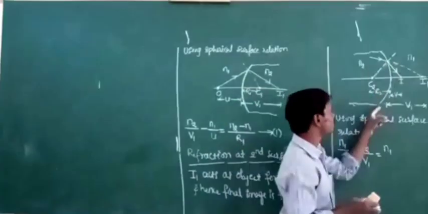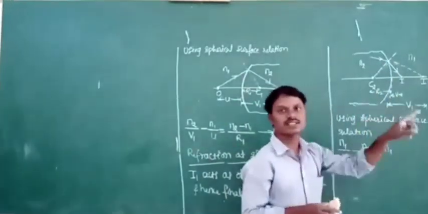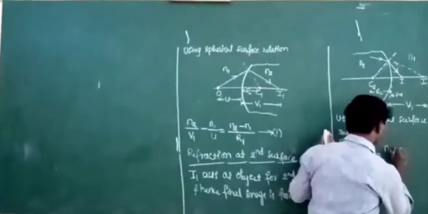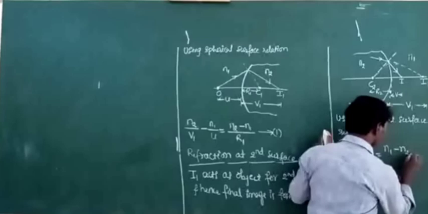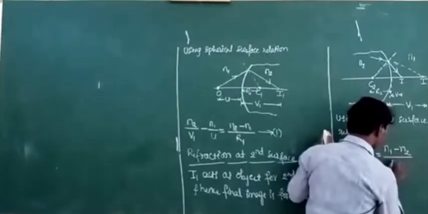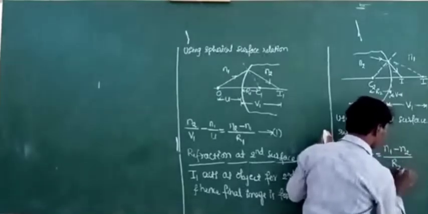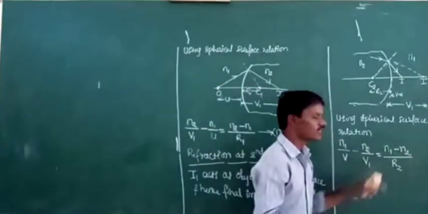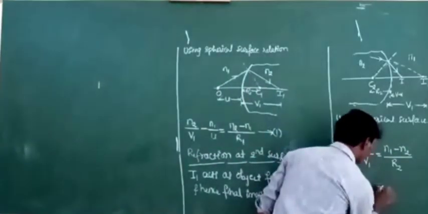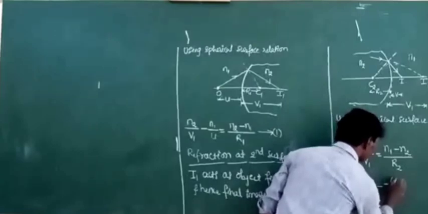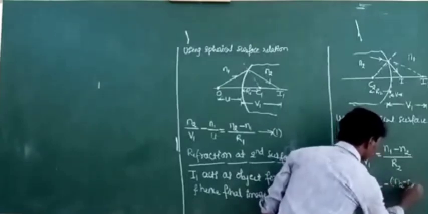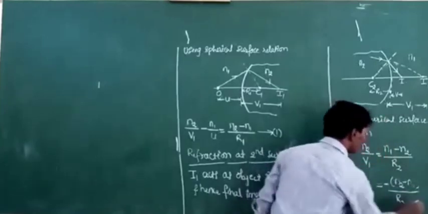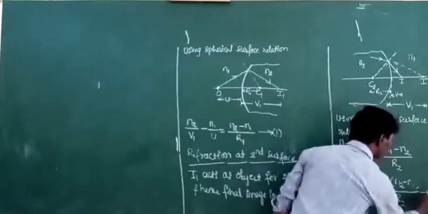For the second surface, the rarer medium is the image space, with refractive index N1, minus the refractive index of object space N2, divided by the radius of curvature of the second surface, R2. Then I will take minus common, that is minus of N2 minus N1, divided by R2. I will call this equation number 2.